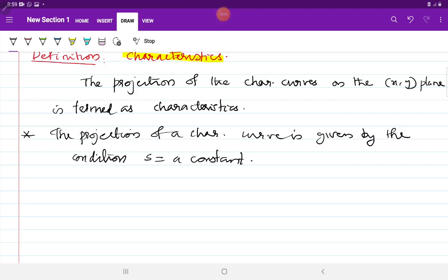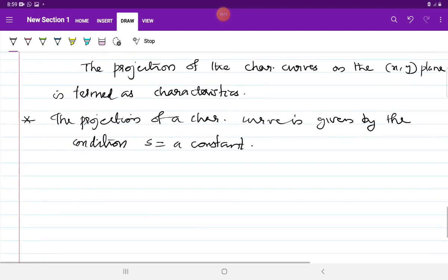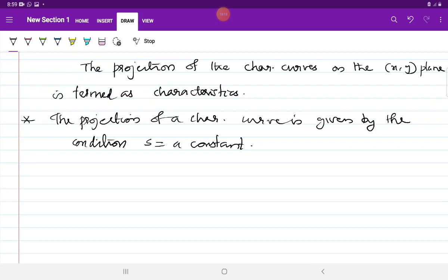In order to find the characteristics of the given PDE, there are several methods available. One of them is to solve all the characteristic equations or characteristic curves, and then to project the solution on the xy plane. This is one method. And substituting the condition s equal to a constant into the equation s of x, y determines an explicit equation for the characteristic.